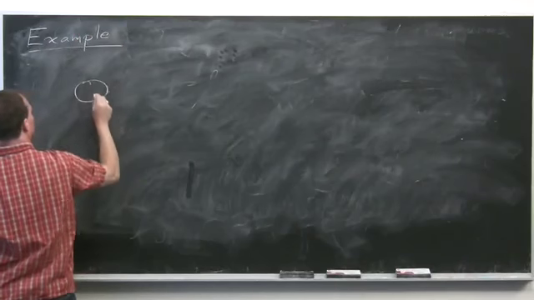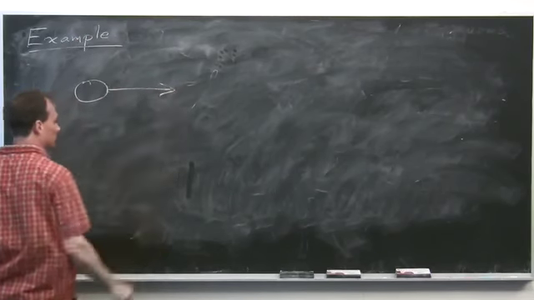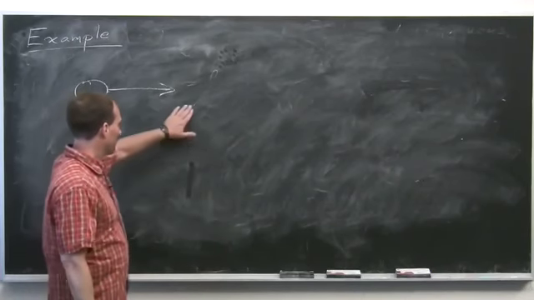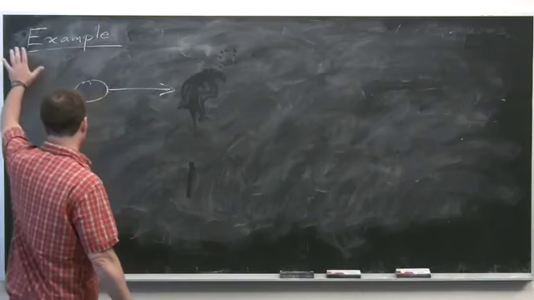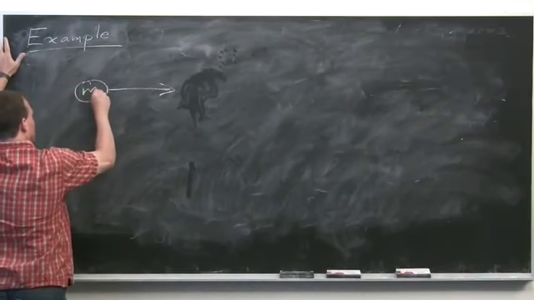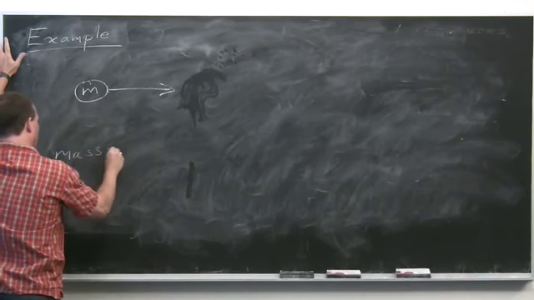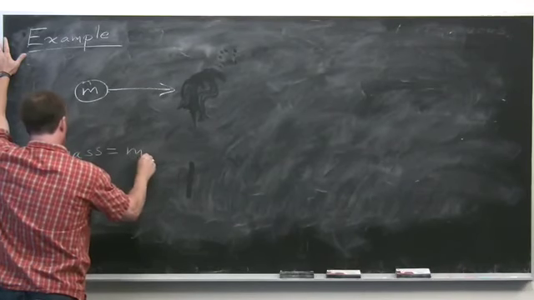Suppose I have an object moving through some fluid. Imagine a tank full of oil or air or whatever. You've got some object of mass m. I don't care in what units, just make them consistent.